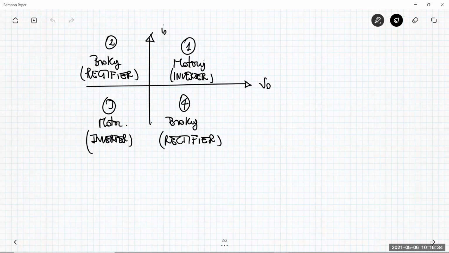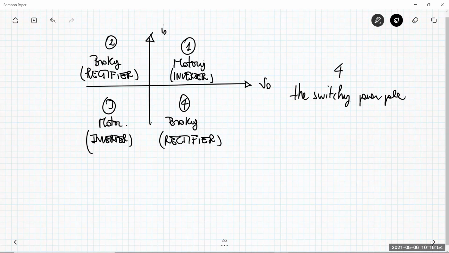And so, the best circuit that we already discussed, in which you can have this four-quadrant operation for the voltage and current, is the four-quadrant switching power pole, so the full bridge.